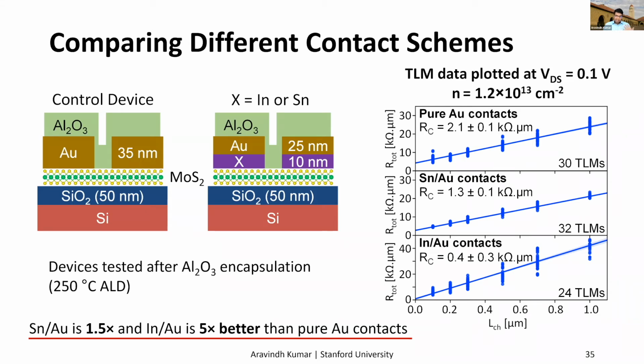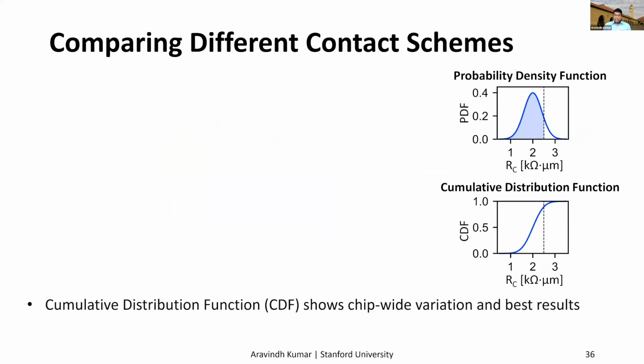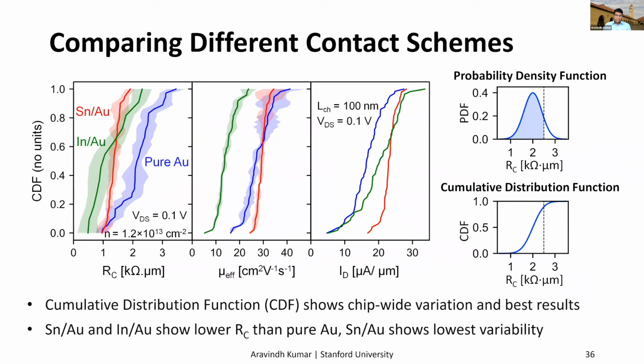This analysis masks the variations across the chip, because the MoS2 film as grown has a lot of spatial variations coming from the material quality. So again, we look at each TLM individually and plot the distributions as CDFs for RC, mobility, and the drain current.